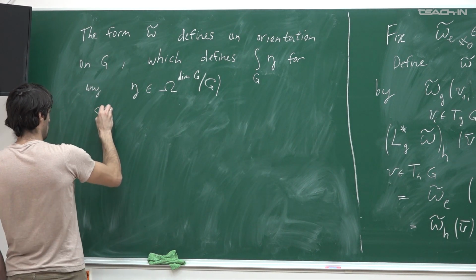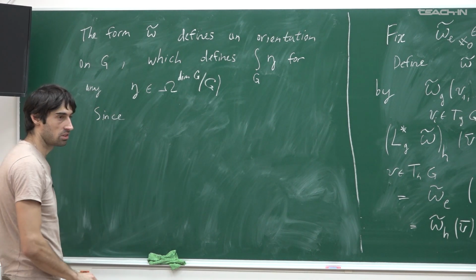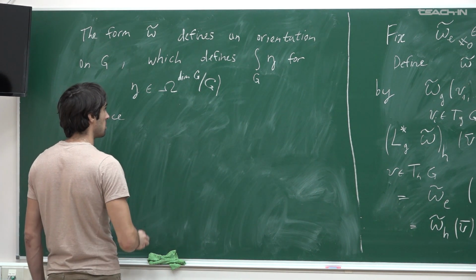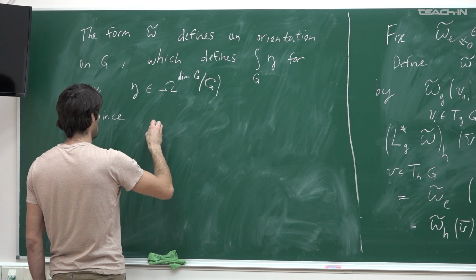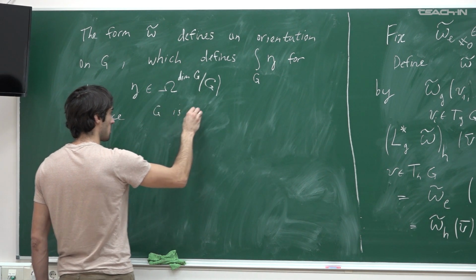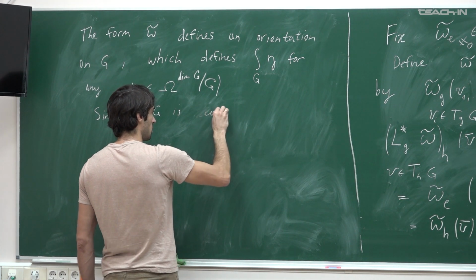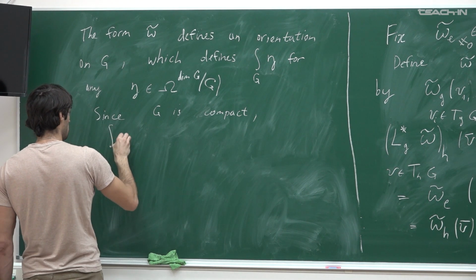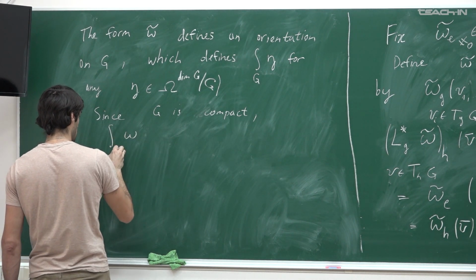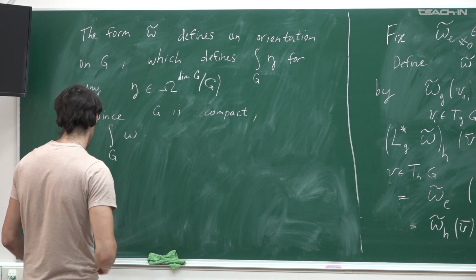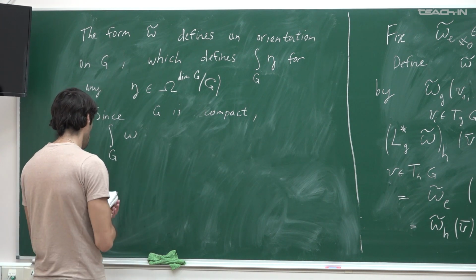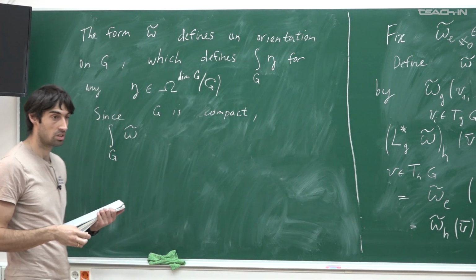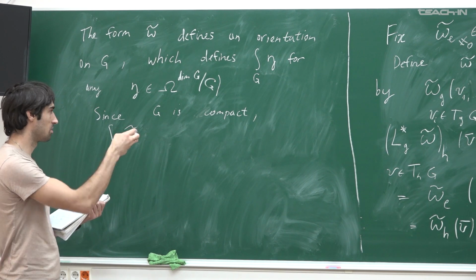So another fact from differential geometry, which we will just take as a prerequisite for our discussion, is that since G is compact, the integral over G of omega, what is the degree, the dimension of G. So, well, n, right?